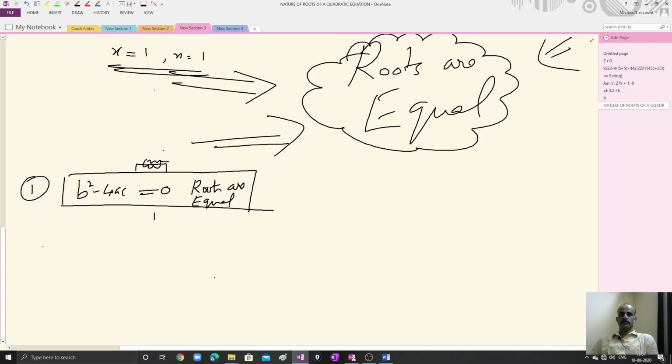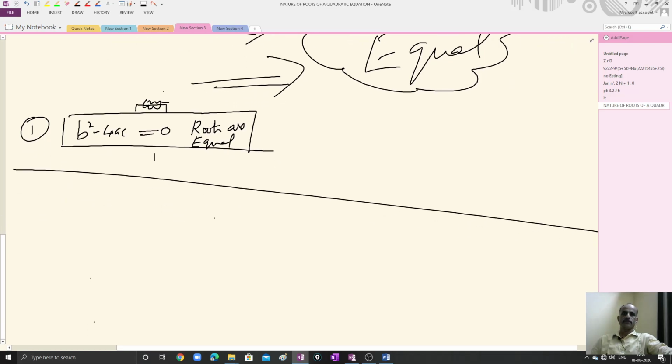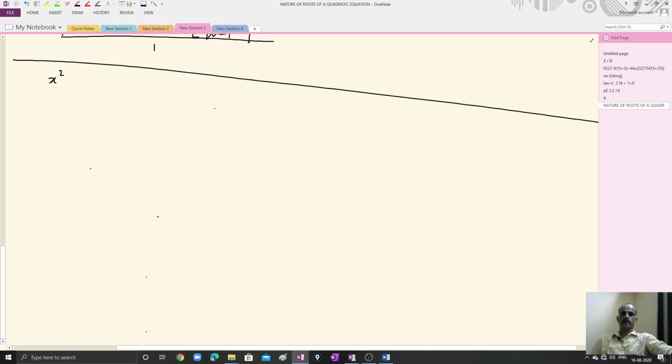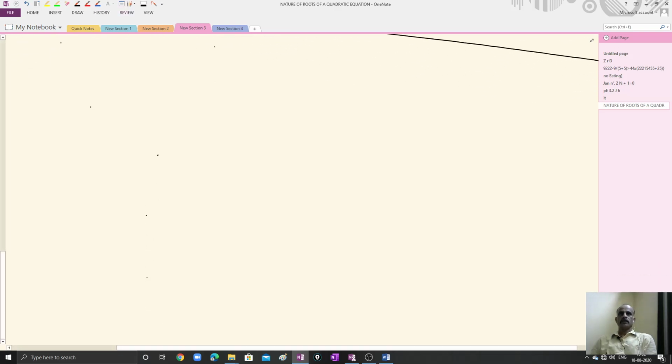Now, let us consider another quadratic equation: x square minus 3x plus 2 equal to 0.